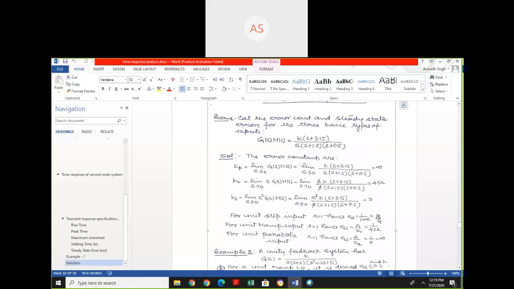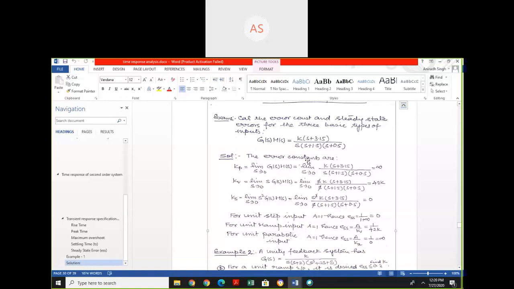Similarly, for unit ramp signal, amplitude A is 1, hence steady state error is given by 1 by Kv, and the value of Kv is 4.2 K. For unit parabolic input, amplitude is A, hence steady state error is given by A by Ka. The value of A is 1 and Ka is 0, so steady state error is infinite for parabolic input.